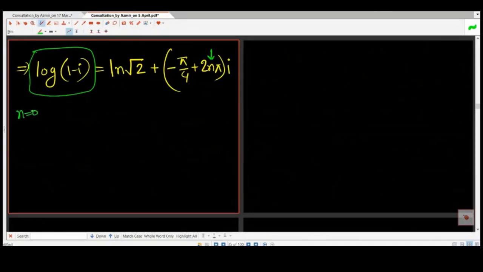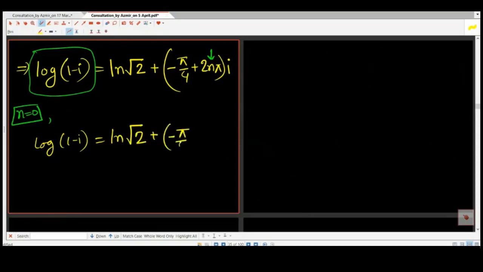If we input n equals 0, this log of 1 minus i equals natural log of square root of 2 plus negative pi over 4 plus 2 times 0, so 0 i. So that means we are getting natural log of square root of 2 minus pi over 4 i.